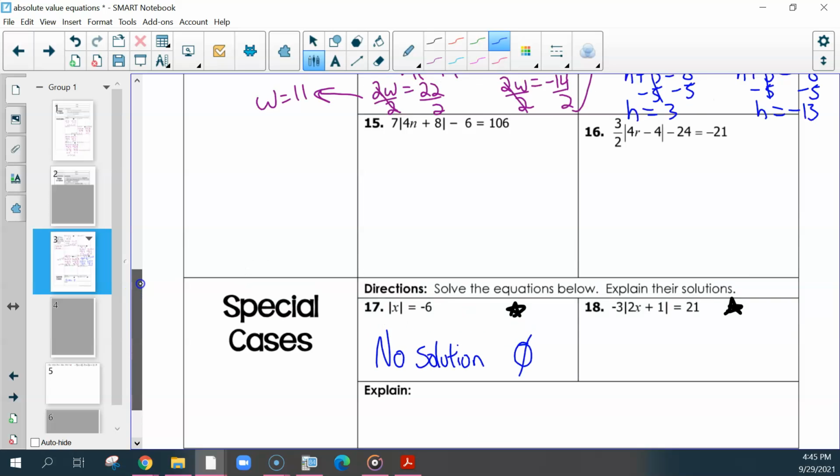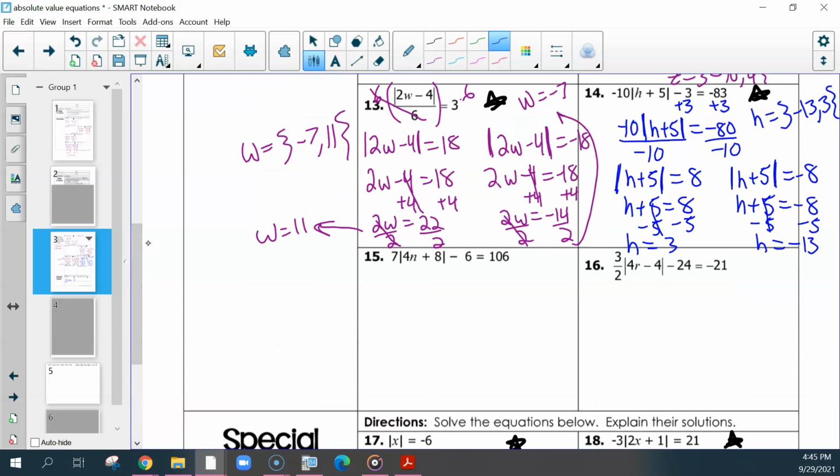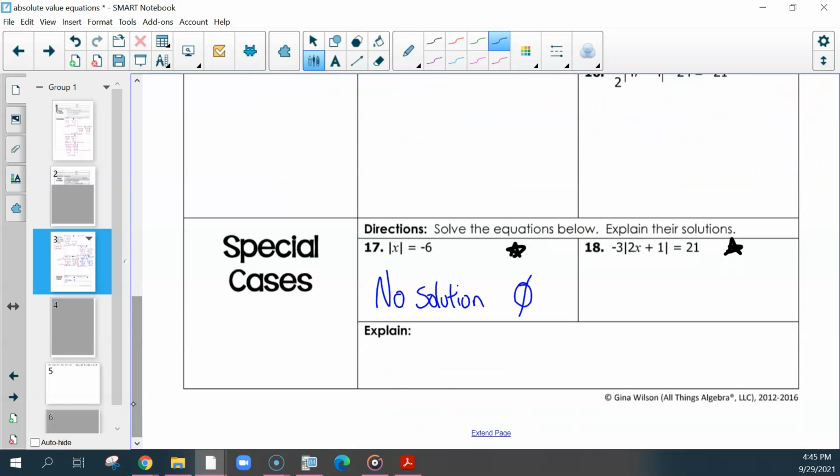Now, I know you're probably thinking, but don't we always do that? Don't we always set it to a negative? Yes, we set it to a negative number. It doesn't start with a negative number. So if it starts with a negative number, or we isolate the absolute value and it's a negative number on the side, we can't solve it.